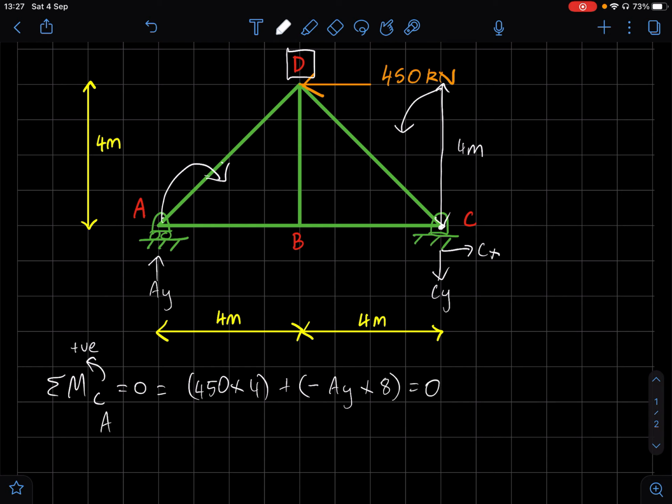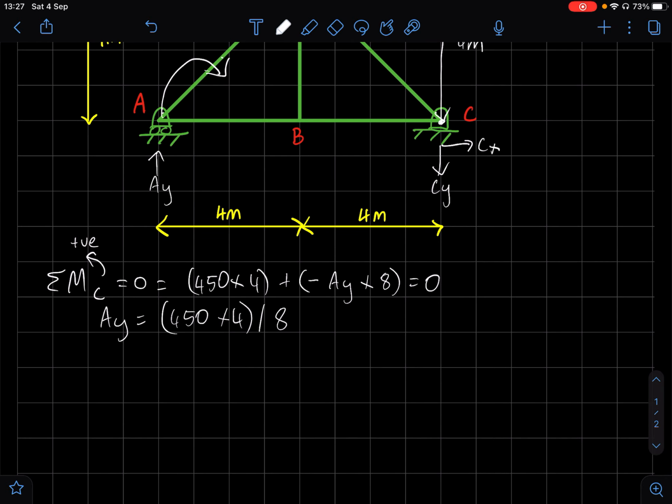So then we have AY equals 450 times by 4 divided by 8. And that is 225 kilonewtons.